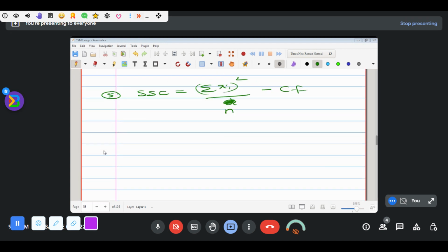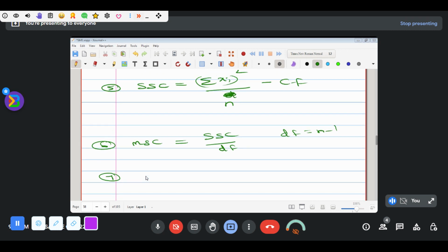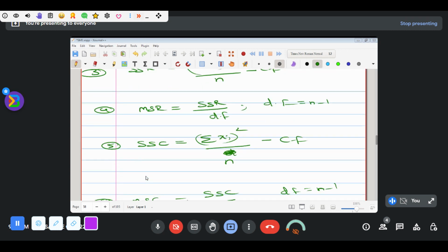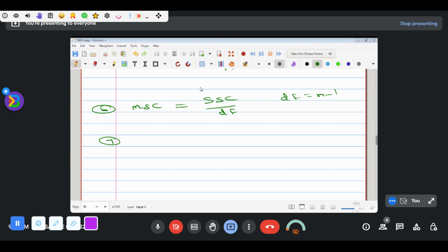And the sixth calculation, MSC. MSC means SSC divided by degrees of freedom, and the degrees of freedom value is n minus 1. The seventh calculation is a very important one. Row and column are completed. Next, you write that extra additional term in the Latin square. This is a very important calculation. The difference from two-way is that the two-way calculation does not have it, but the Latin square does. That notation is SST, sum of squares of treatment.